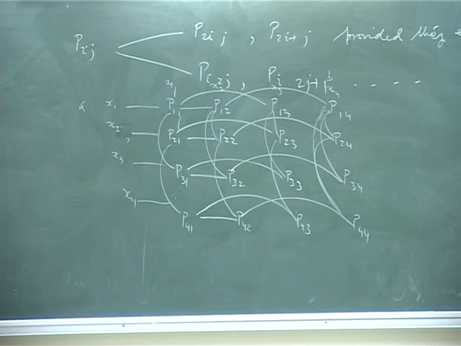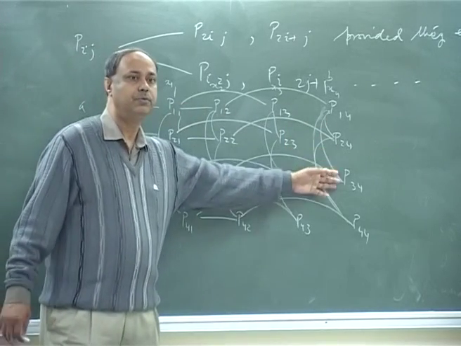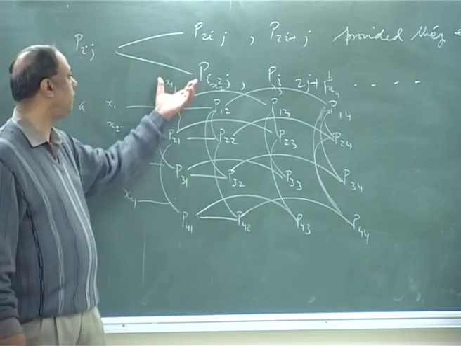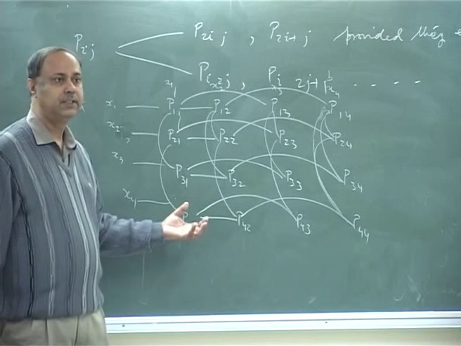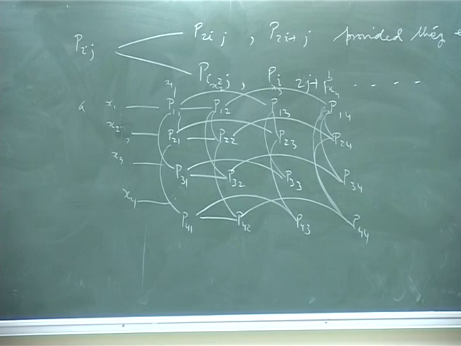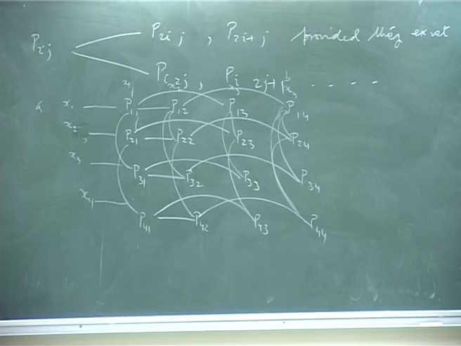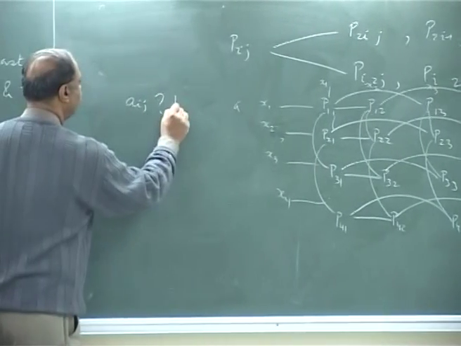Now you observe that in the rank sort, every element has to be compared with every other element, right? So A will be broadcast to all the processors, and B will be broadcast to all the processors. So Aij and Bij are the 2 elements. Xi will be compared with Xj basically. Aij will be compared with Bij.